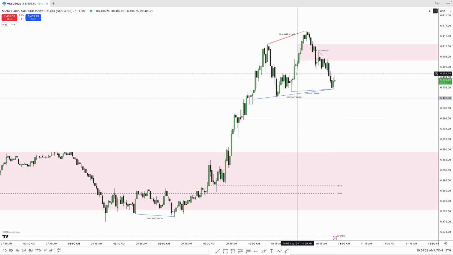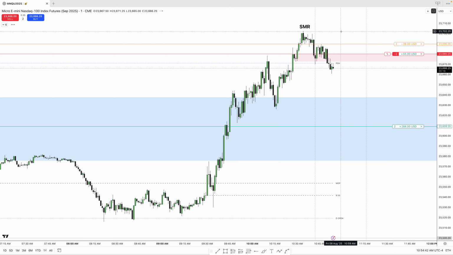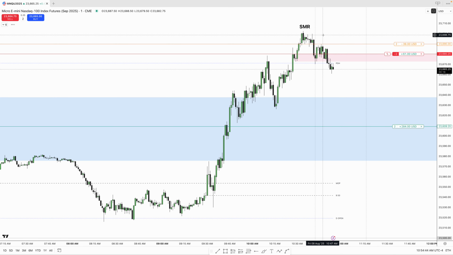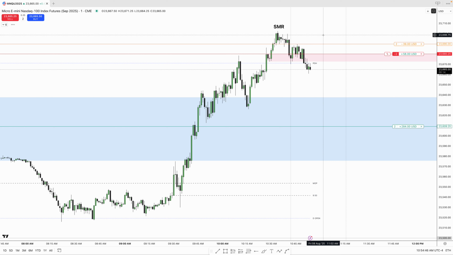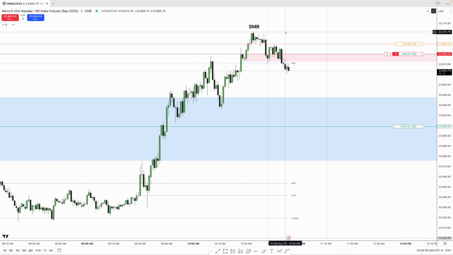I have another screen open to the left of my computer, so I'm monitoring ES and YM independently. That's how I know what's actually going on in the different time frames, but you guys don't see that here on the video.